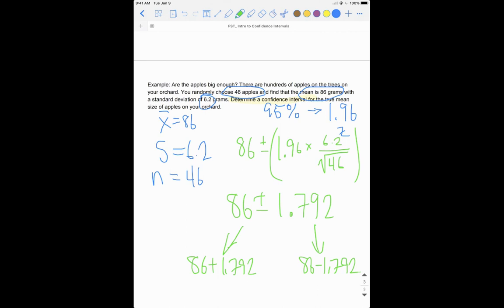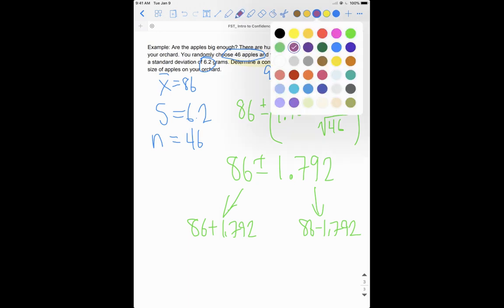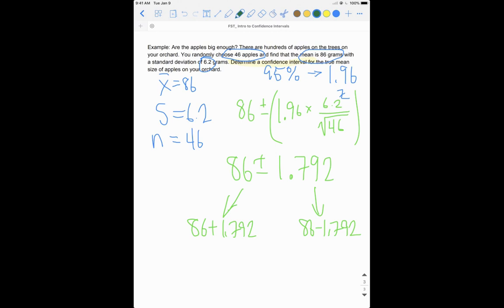If we go to our calculators to get our final answer, we get 87.79 and 84.12. I wrote those backwards, so let's rewrite them.